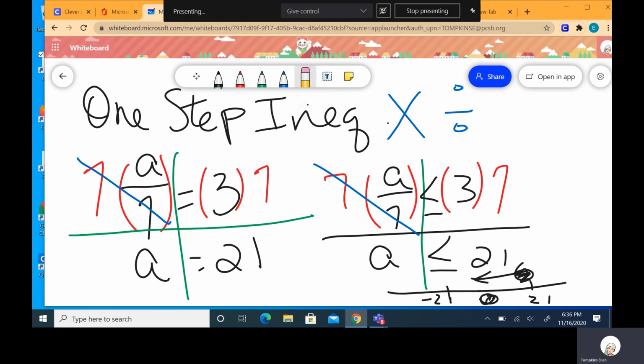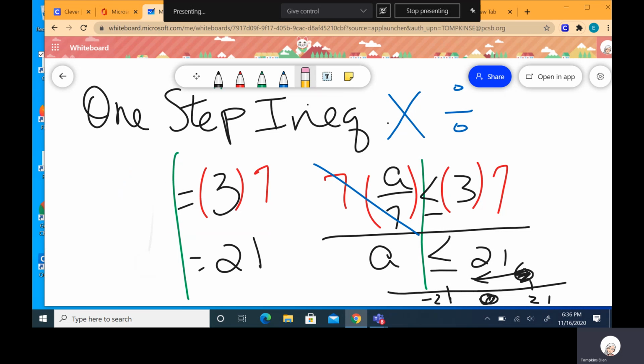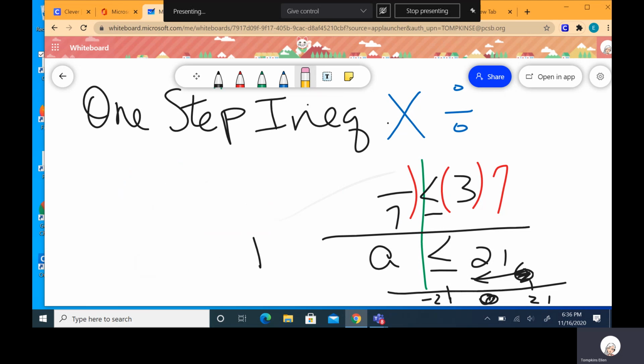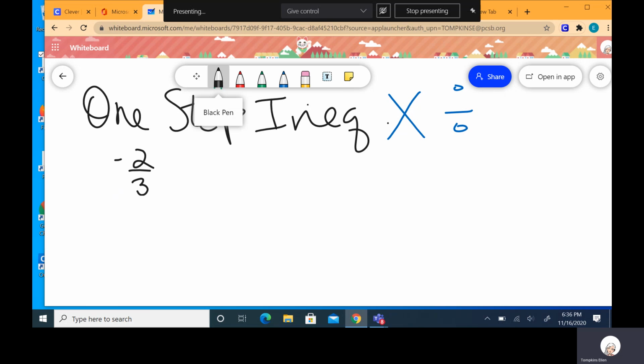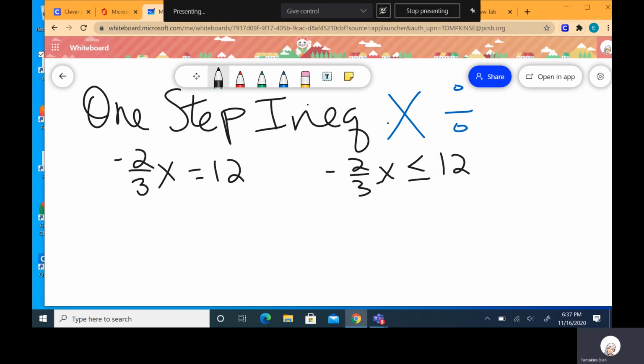Okay, and one last example with a division. We'll make this one the hardest one yet. Negative 2/3 x equals 12. That's my example as an equation. Negative 2/3 x less than or equal to 12.